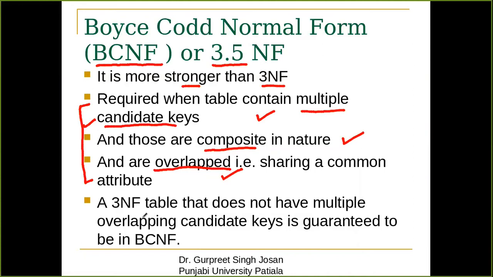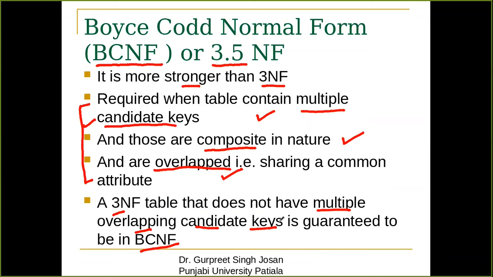So if a table in third normal form does not have multiple overlapping candidate keys, then it is already in BCNF. Then we can say safely that a table which is in third normal form is also in BCNF if it does not contain any multiple overlapping candidate keys.